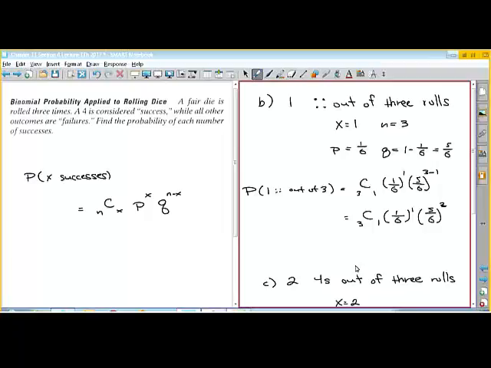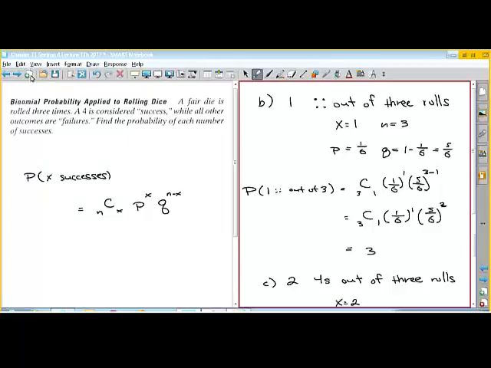Does anybody remember the rules as far as combinations are concerned when you take things 1 at a time? It equals 3. Yeah. So anytime it's taken 1 at a time, it's the number of things you're choosing from. So the first one is just going to be 3.